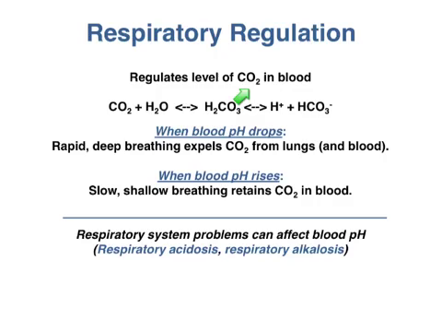And so, since these are both reversible equations and they're both in equilibrium, if you increase the amount of carbon dioxide, that will push this whole setup to the right, increasing the amount of carbonic acid and increasing the amount of hydrogen ions released from that carbonic acid.